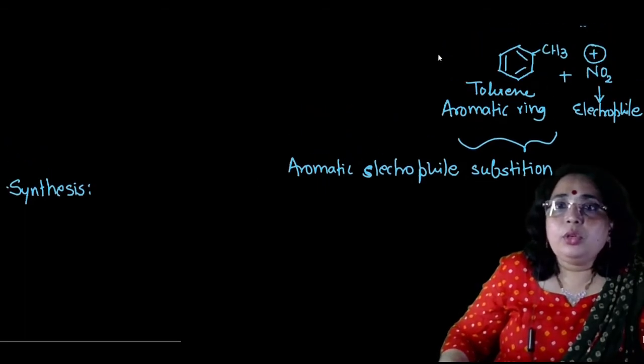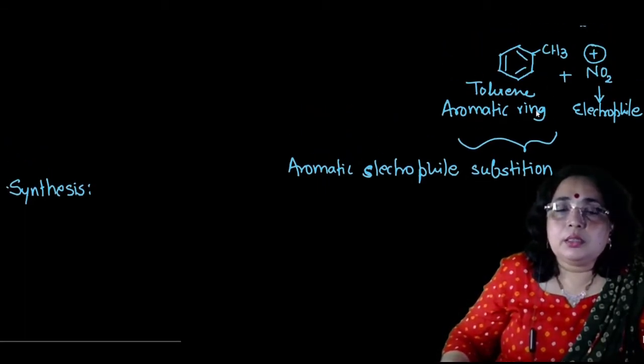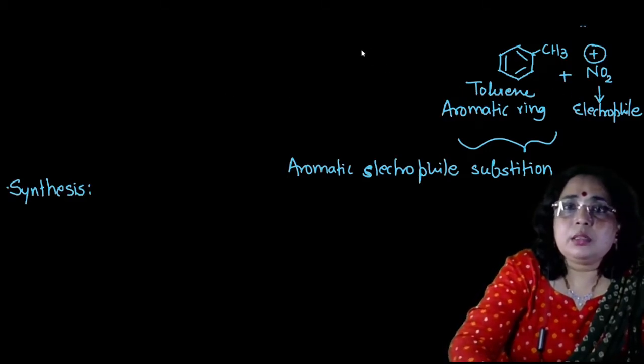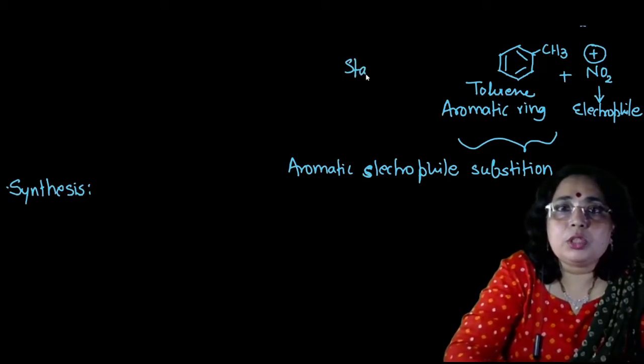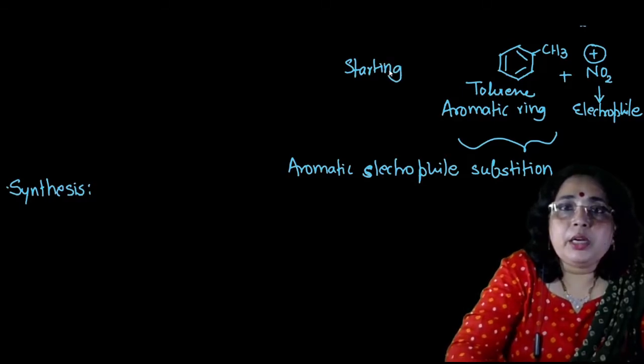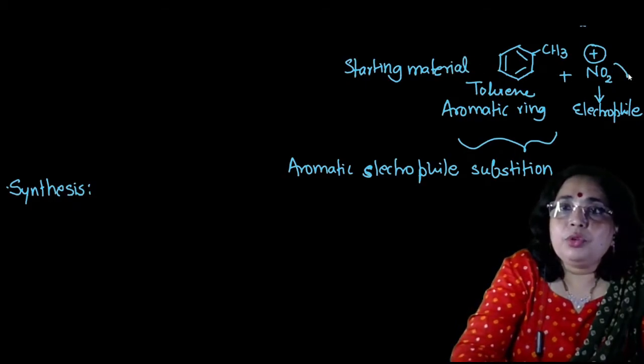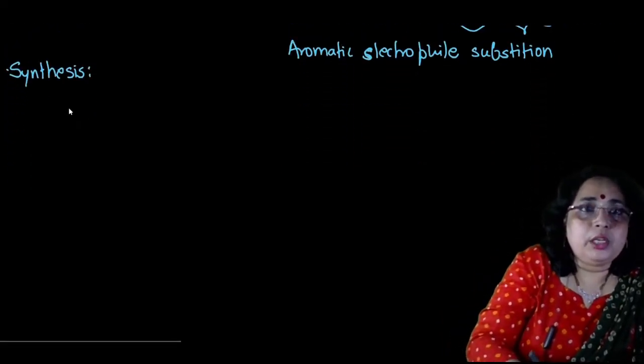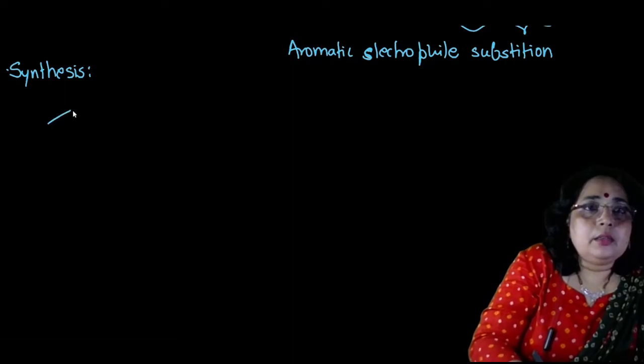As I told you, I have used these as the starting materials. So in this case both are the starting materials. And what are the sources of the starting materials? We can use toluene as it is, but for the other we have to use the reagent which can create a nitronium ion. Now let us see the toluene first.